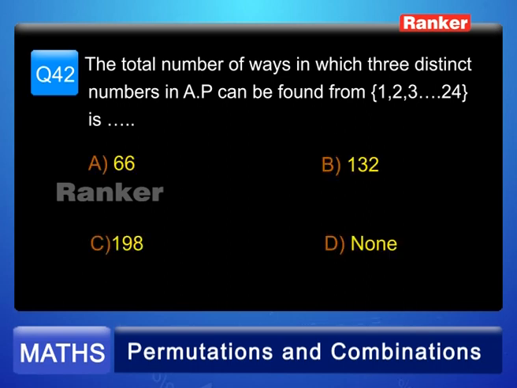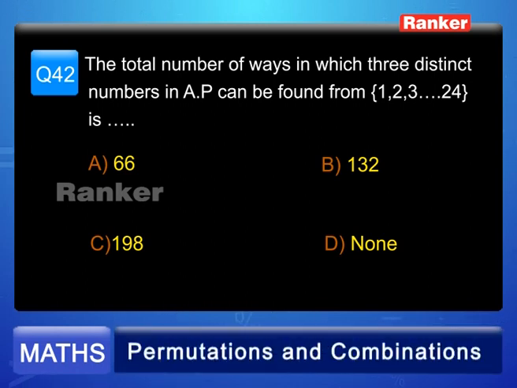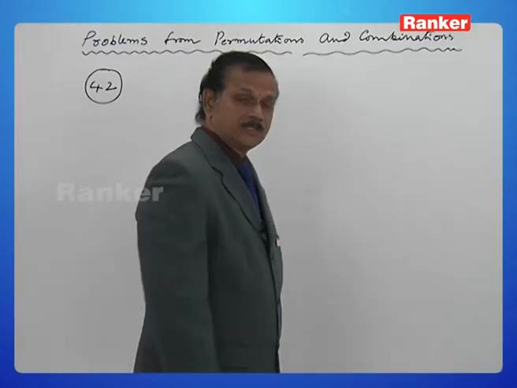What is there in this question? The total number of ways in which 3 distinct numbers in AP can be found from the set containing the natural numbers 1, 2, 3, 4, etc. up to 24 is. What is required here?